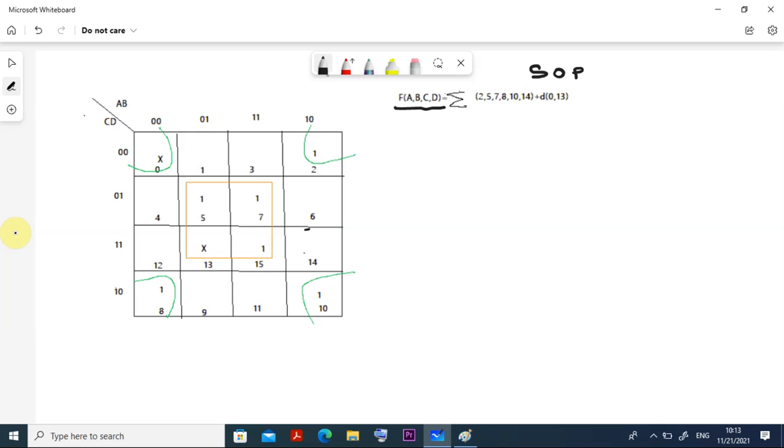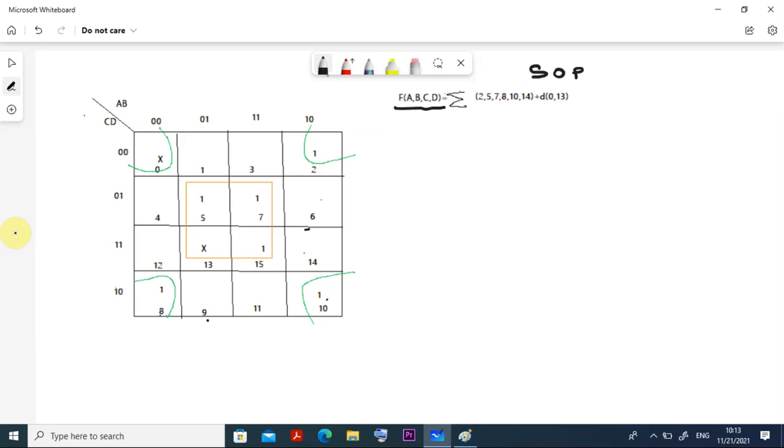The Gray codes you can put here. For a, b, c, d, the value is equal to 2. Where is 2? I have written 0, 1, 2, 3, 4, 5, 6, 7, then 8, 9, 10 and 11. So these are the values I have given.